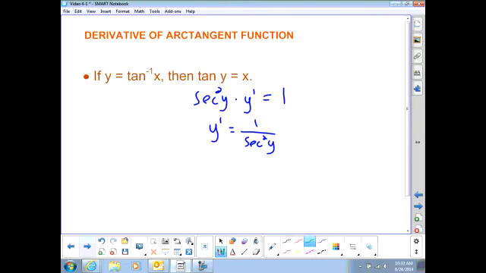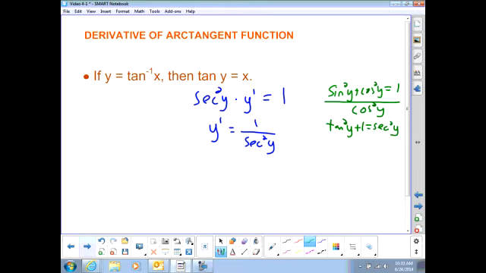And we'll go back to our Pythagorean properties. We know sine squared y plus cos squared y is equal to 1. If we want a secant squared, that means a cos has to be in the bottom. So divide everything by cos squared y. That'll give us tan squared y plus 1 equals secant squared y.